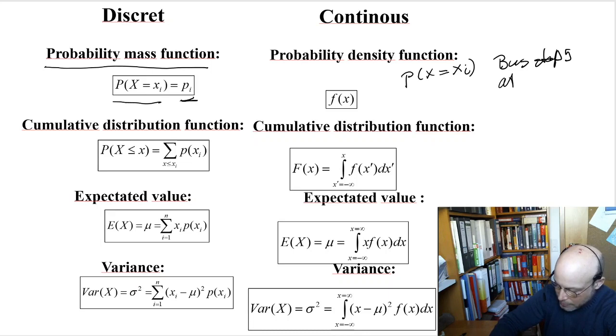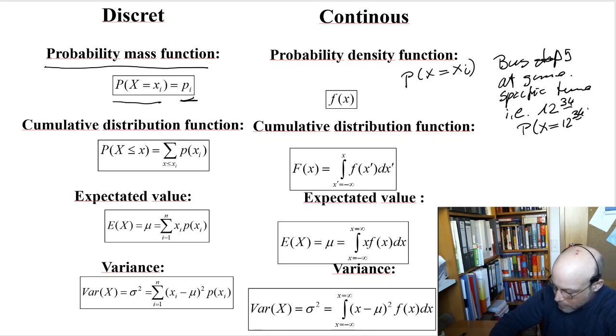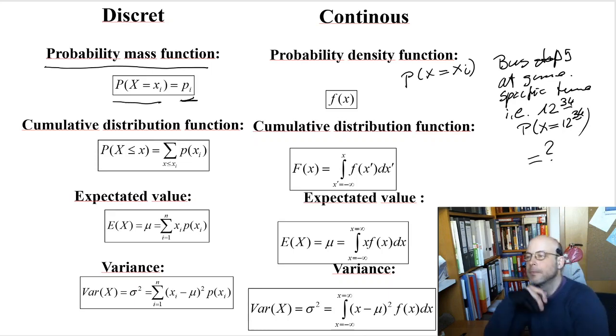What is then the probability, if you take a continuous variable, of P(X = x_i), or in our case, the bus stops at some specific time? Let's say a specific time, for example 12:34. So P(X = 12:34). If you have this continuous variable, what is then the probability of such an event?